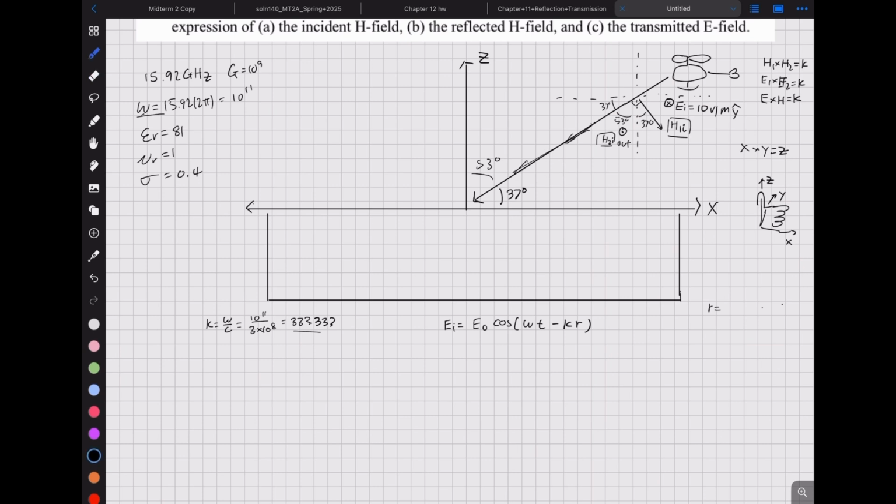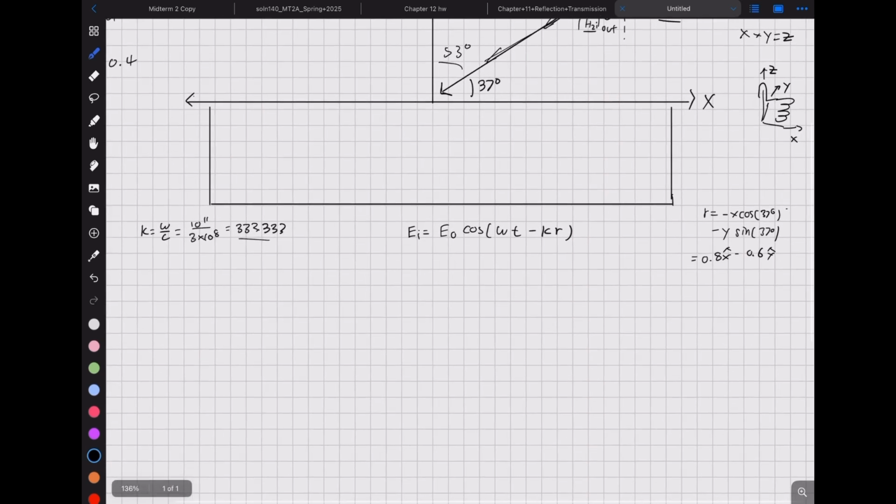We're going to use basic geometry, and for r we're going to have negative x cosine of 37 degrees, also minus y sine of 37 degrees. After some calculations, we're going to get 0.8 x hat minus 0.6 y hat. And that's going to apply to our equation here.